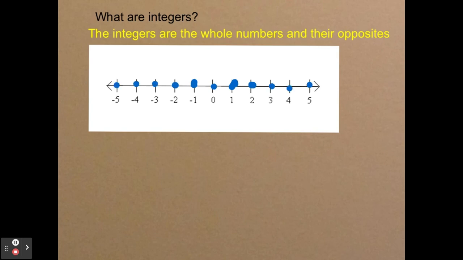This can be extended forever. 5 and -5 are both integers. 5 billion and -5 billion are both integers. However, the numbers between the whole numbers and their opposites are not integers. So, for example, 1.5, halfway between 1 and 2, is not an integer. Nor are any fractions or mixed numbers. Anything that occurs between positive whole numbers or between their opposites is not an integer. Integers are positive and negative whole numbers.